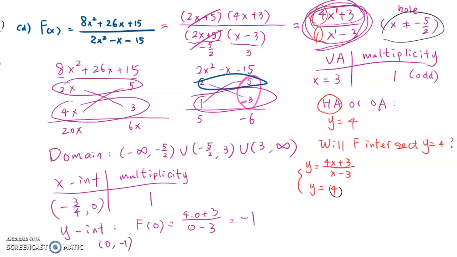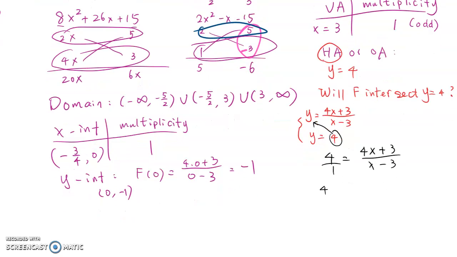Okay, so solve the system. I'm going to replace the y in the first equation by 4, so I would get 4 equals 4x plus 3 over x minus 3. Cross multiply, I'll get 4 times x minus 3 equals 4x plus 3. Distribute on the left side.